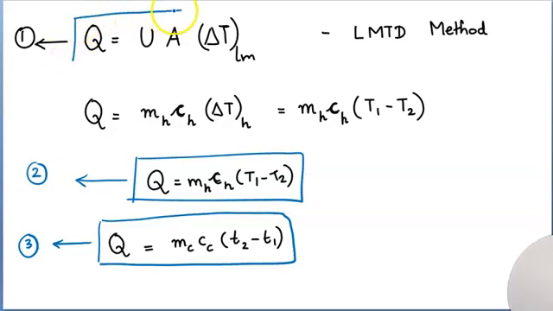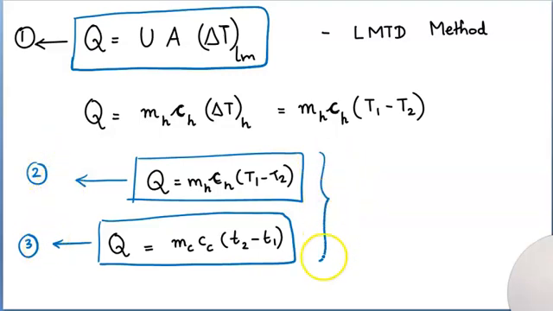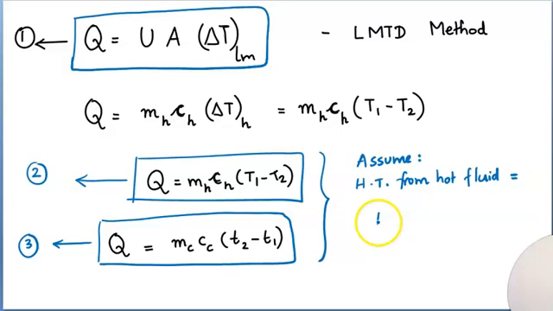Now these three are the equations that we can use in a heat exchanger in the LMTD method. Equation 1 is particularly for the LMTD method. Equations 2 and 3 can be used anytime. But you have to assume here that whatever is the heat transferred from the hot fluid is equal to the heat transfer to the cold fluid.